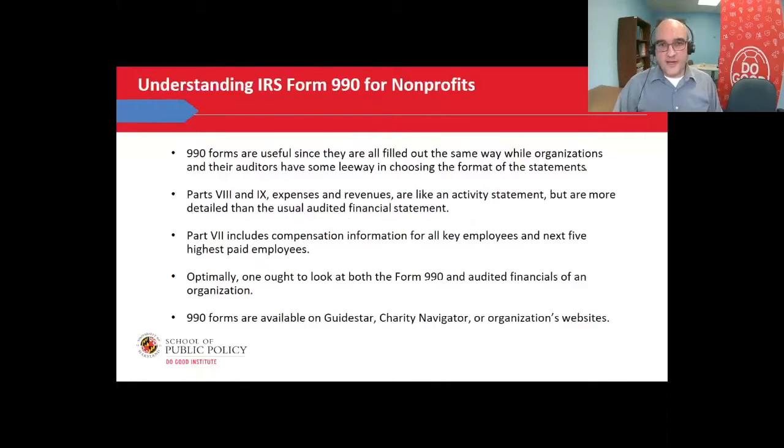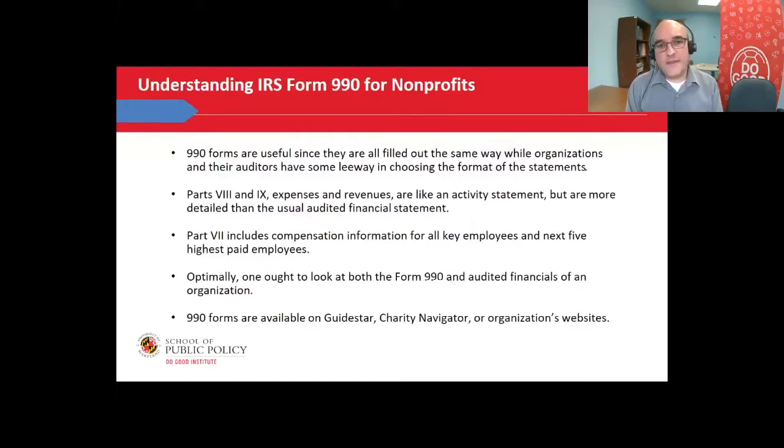The chief value of a 990 form is that they all have to be filled out the same way, because that's by IRS regulations. For an audited financial statement, organizations can choose the format and report their numbers in various ways. To some extent, they have some leeway to do that, not with the 990.